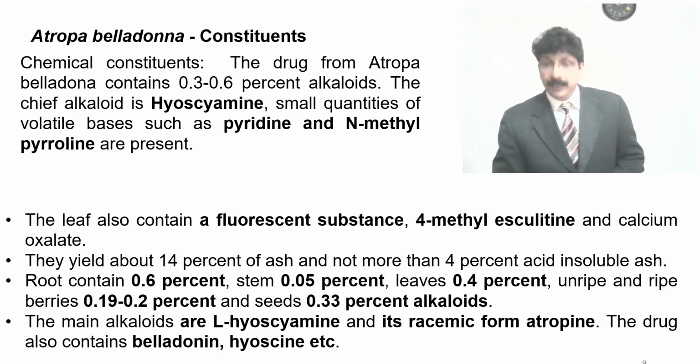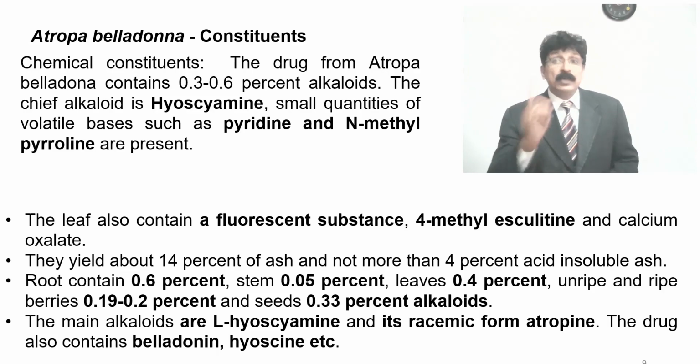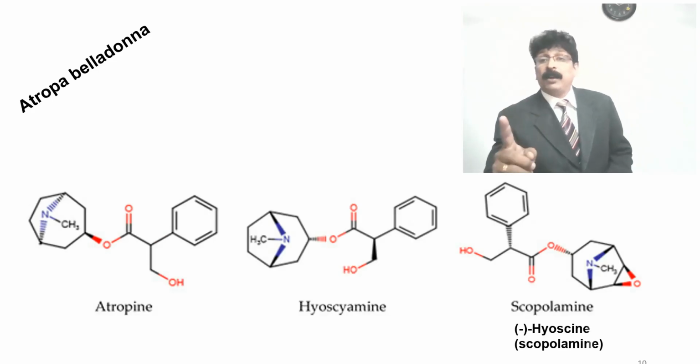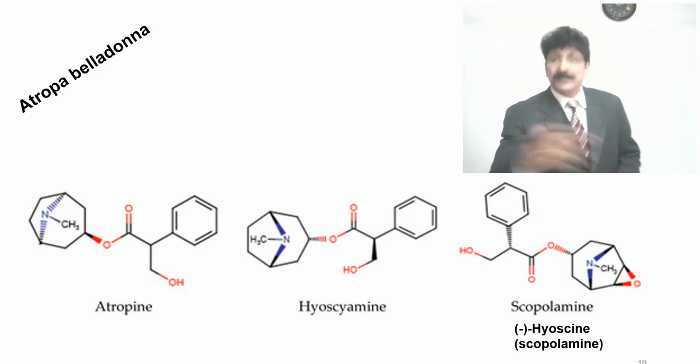The drug contains atropine and hyoscine also. You should know that hyoscyamine and atropine are similar, but hyoscine is different. Hyoscine is the other name for scopolamine. Students should not get confused.